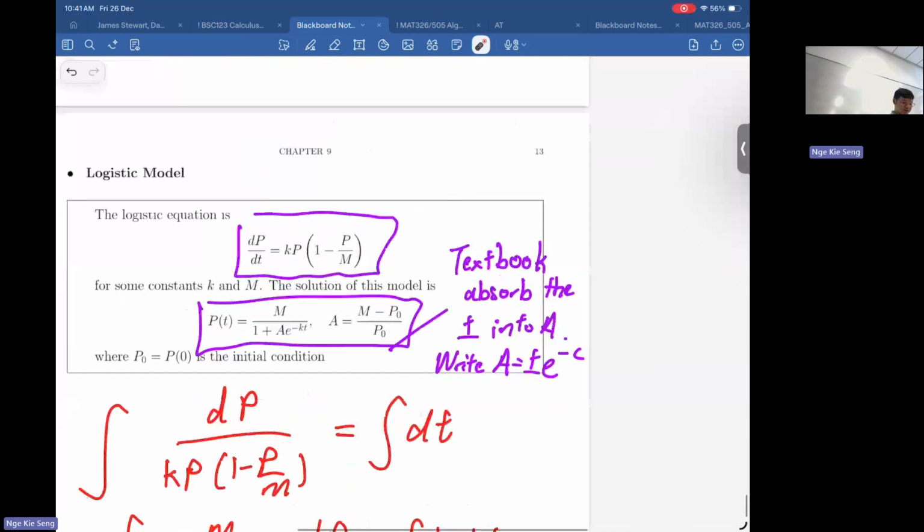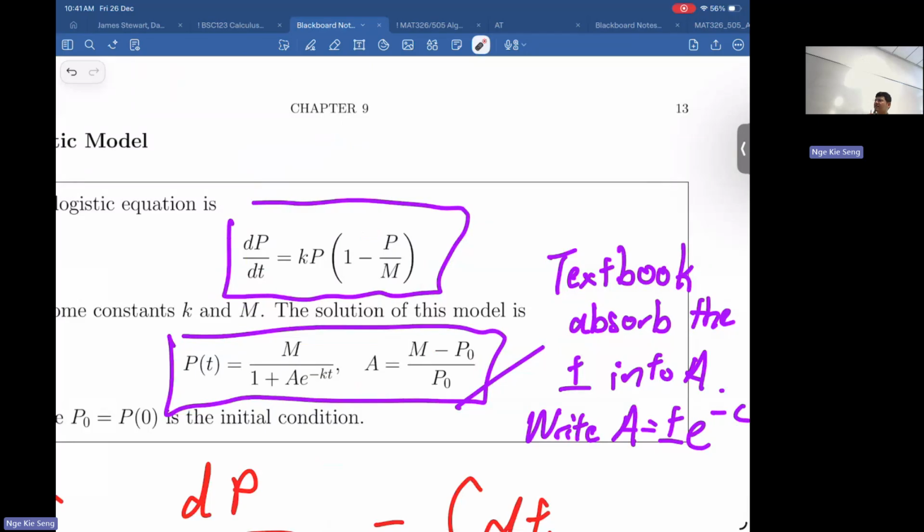Second is the logistic model. This is about when your population reaches the carrying capacity, the growth will be decreasing. And the solution is a bit different from the usual growth model, but can you see this is quite similar to what we had before?